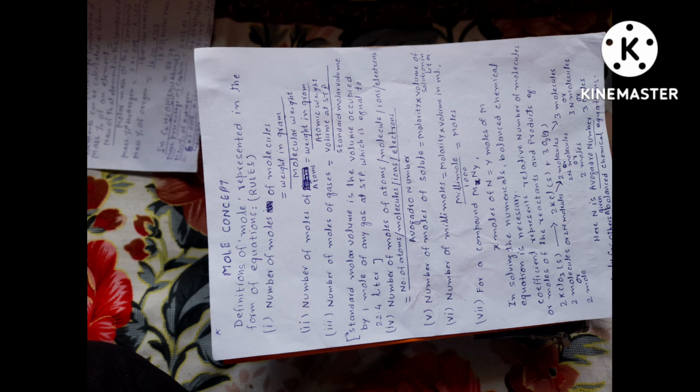If you add NaCl, means salt, in water, then water is solvent and NaCl is solute. If you mix it, solution will be formed. If you are adding sugar in water, then sugar is solute and water is solvent. Just keep in mind, whichever has more quantity is called solvent.